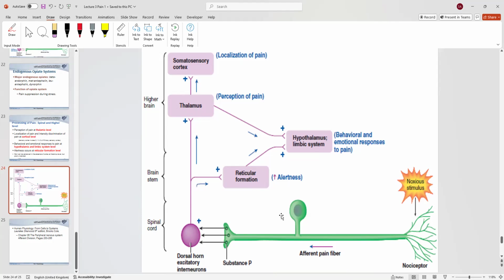Even from a higher level, from the thalamus, the signals are going to the hypothalamus and limbic system, and these two are responsible for your behavioral and emotional responses, meaning the person starts crying, producing certain sounds, and the facial expressions of having great pain. So we have a signal going in multiple directions. One is to the somatosensory cortex for actual perception and localization of the pain. The other is for behavioral and emotional responses, and the third is for alertness.